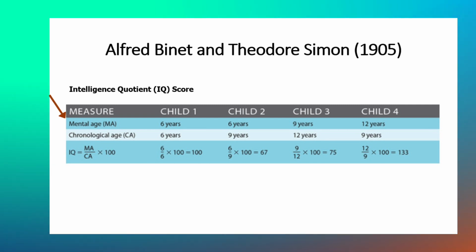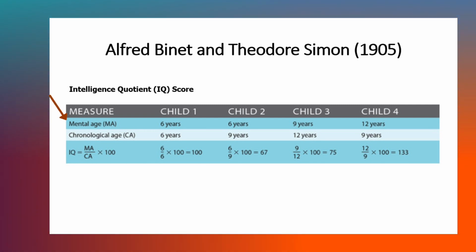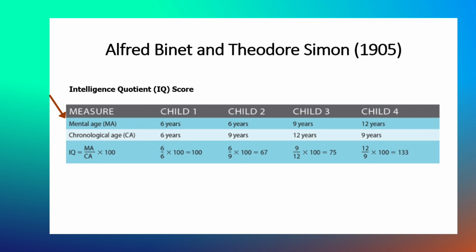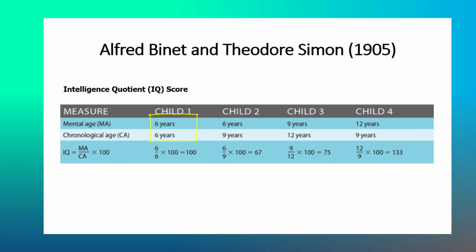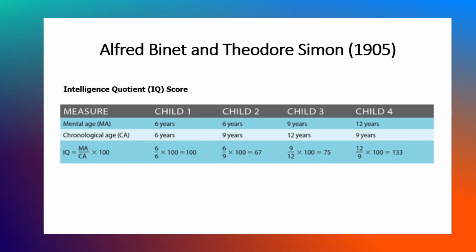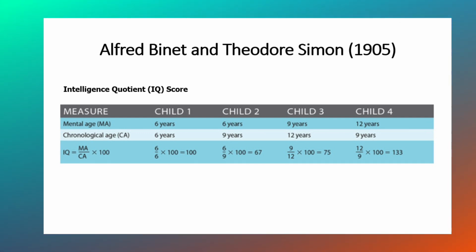If a 6-year-old child has the mental age of a 6-year-old, the child is performing at the same level as his or her same-age peers, so their mental age is 6 years. But if a child is 9 years of age but performing at the level of 6-year-olds, then their mental age is 6 years.